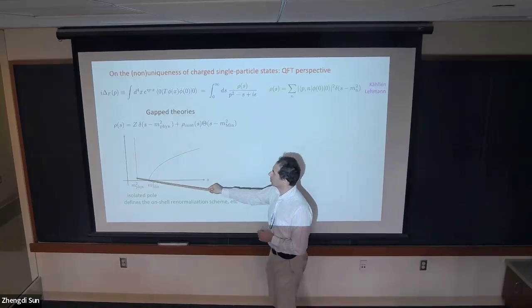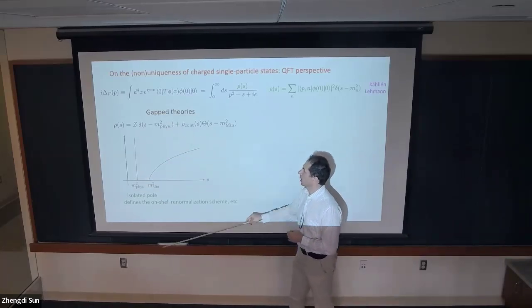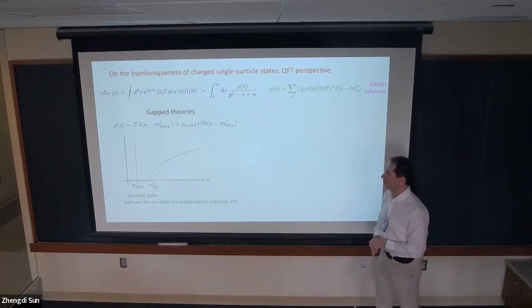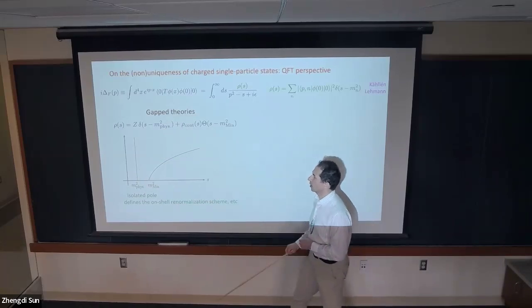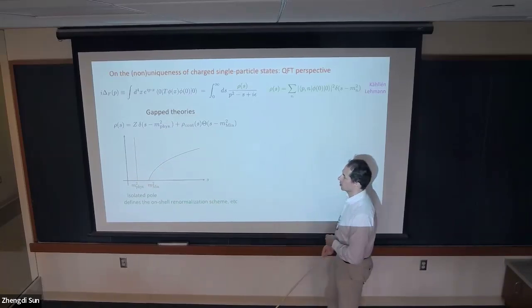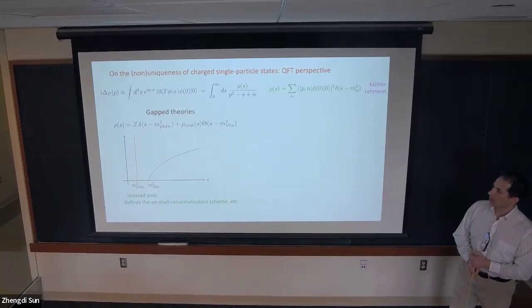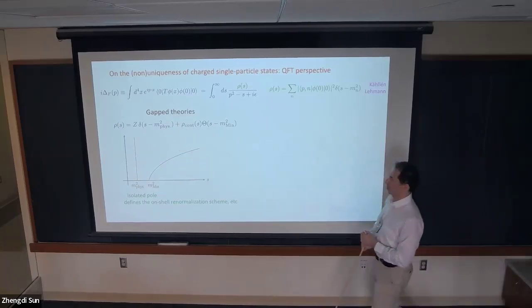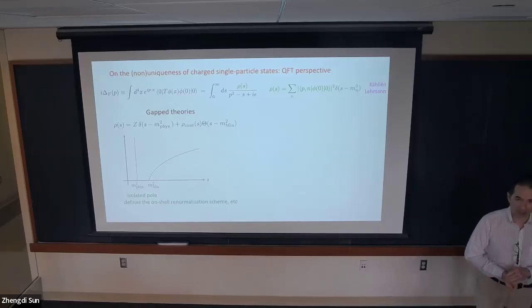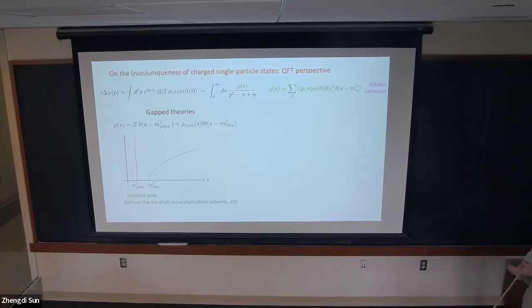It has a localized delta function, and then a continuum later on. Of course, it could happen that accidentally these are in the same place, but this delta function still survives. So this isolated pole is something that we love very much. We teach students that the on-shell renormalization scheme relies on it, and it does.